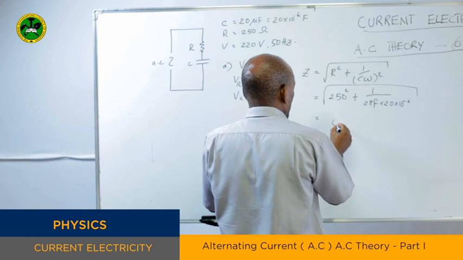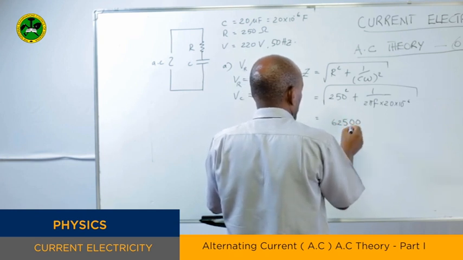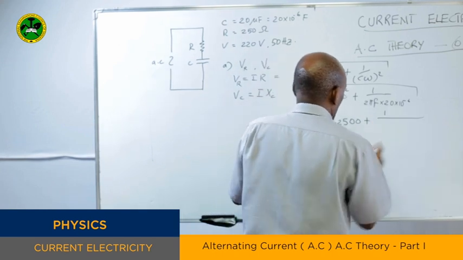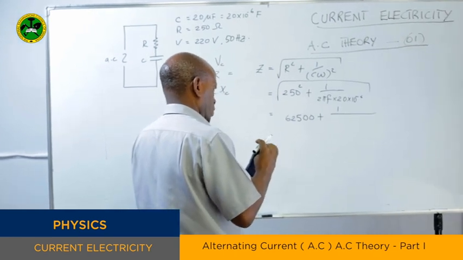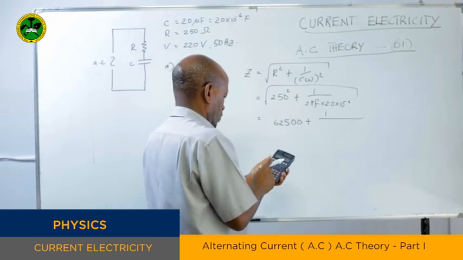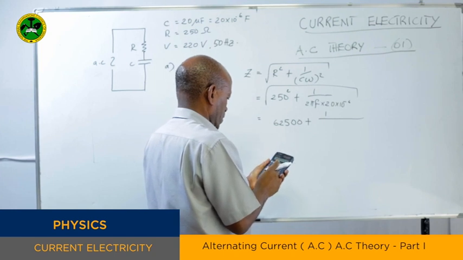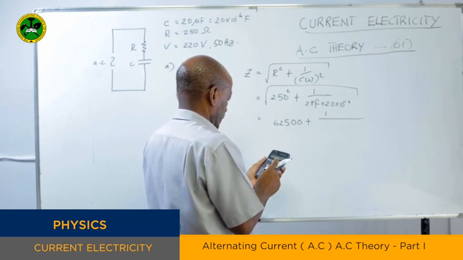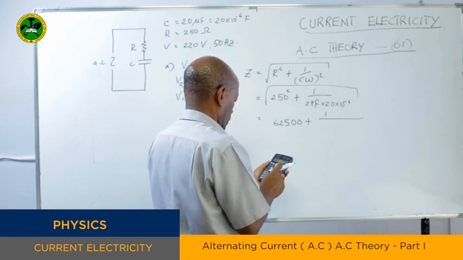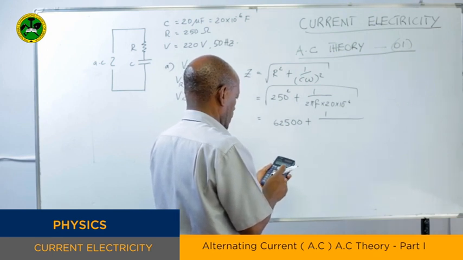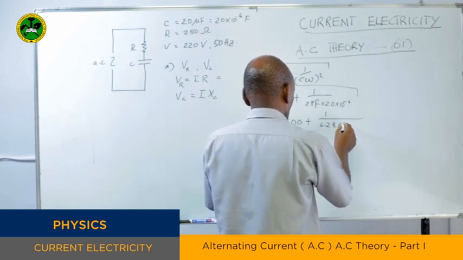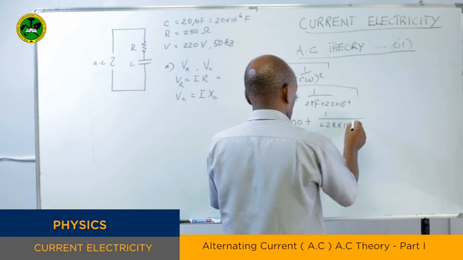Computing this very quickly, R squared here will be equal to 62,500, and the reactance will be equal to 1 over 2 times f, the frequency of 50 hertz, so it is 2 times 3.14 times 50 times 20 times 10 power minus 6, so we are getting 6.28 times 10 power minus 3.